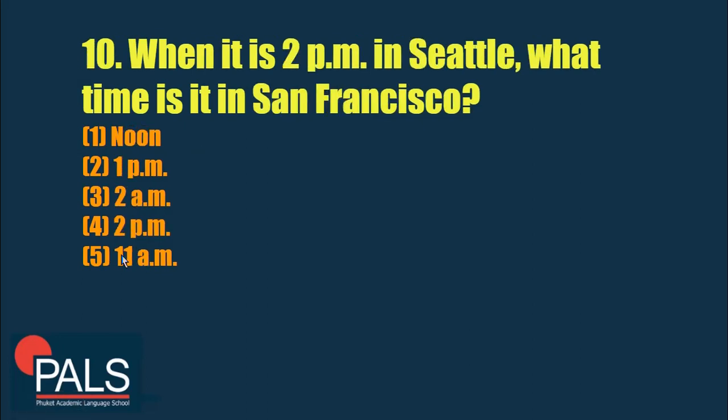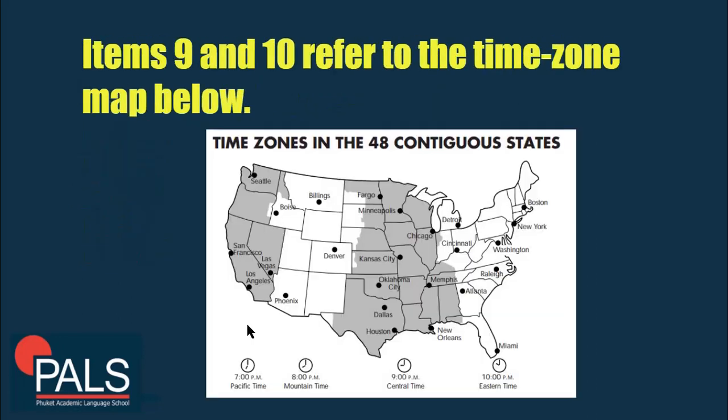And 10. When it is 2 p.m. in Seattle, what time is it in San Francisco? Let's go back to the map. Okay, Seattle and San Francisco. Where are they?